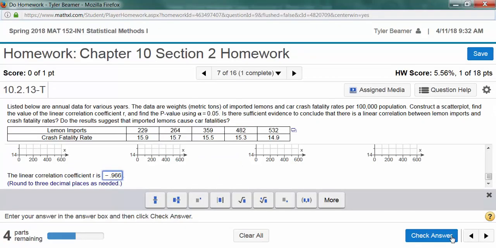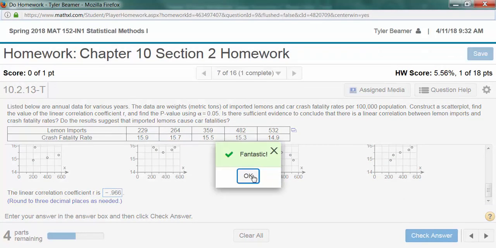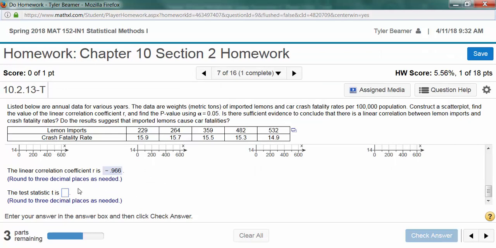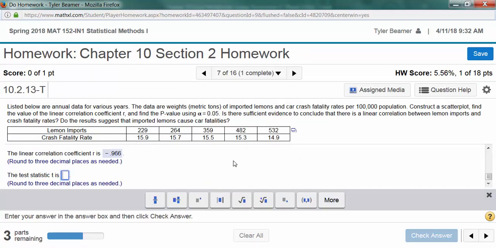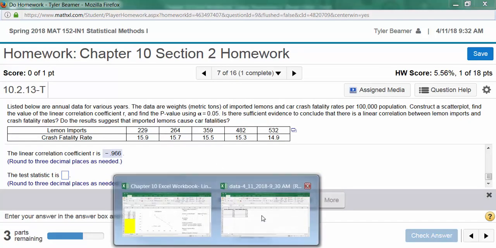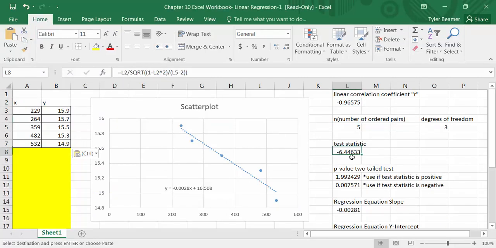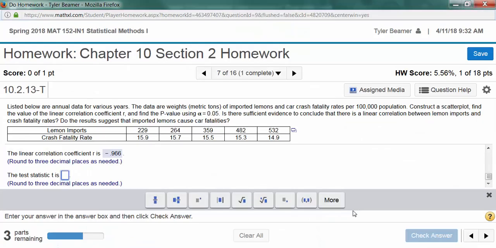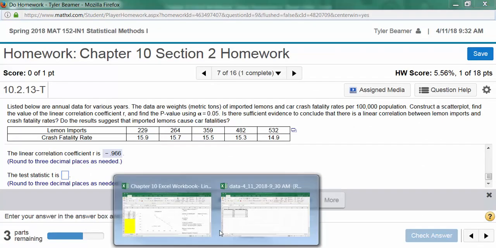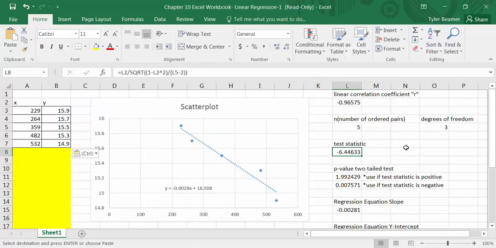Okay. It asks for the test statistic, which is located here. And let's see what it wants us to round to. 3 decimal places as well. So negative 6.446.